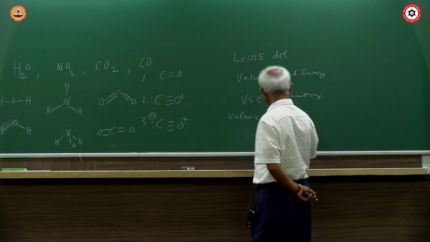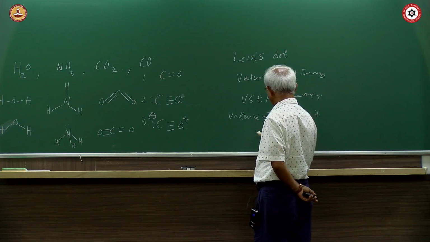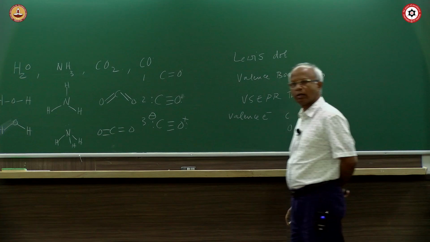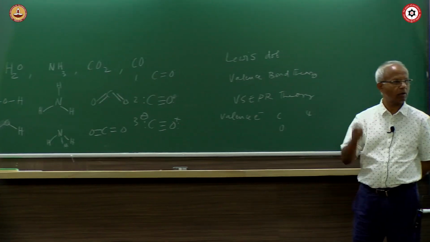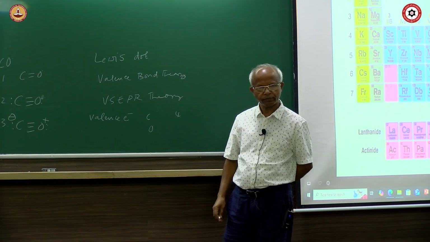Carbon has how many valence electrons? 4 valence electrons. And then oxygen? Oxygen 2.